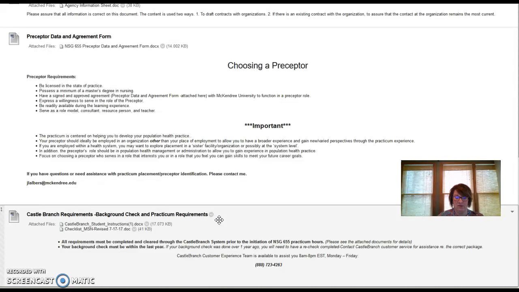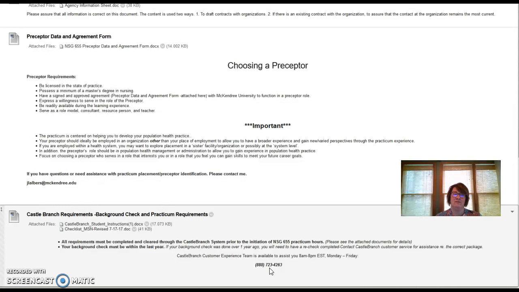So the responsibility is very important as far as making sure that we have our students that are in compliance with what our agreements or contracts do indicate. So if you have any questions as far as the Castle Branch process, Carol Fairley is very helpful, and I've included the customer experience number here for Castle Branch, and they're helpful to work through if you have any particular questions about meeting those requirements.